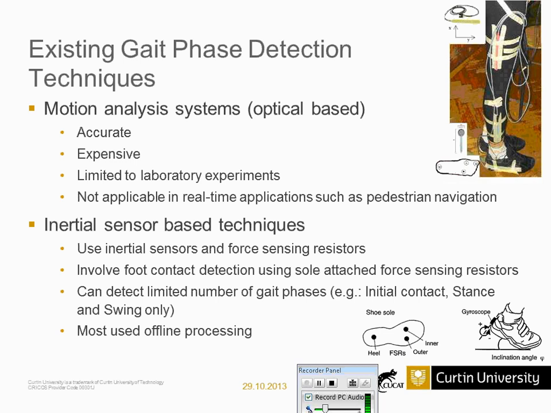The existing gait phase detection techniques. We have motion analysis systems which are optically based. They provide a laboratory environment for gait analysis for all the physical health science purposes and so on. They have many reflectors and many cameras around the environment, and it takes more time to calibrate.